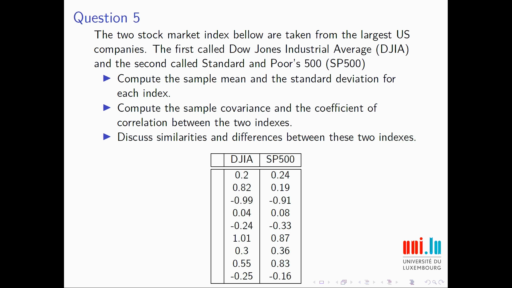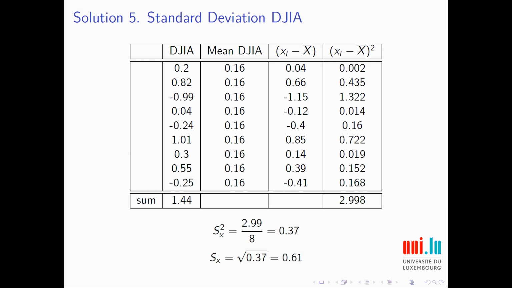And in the third point, again, we want you to pay attention to the interpretation of these coefficients. You have to understand what's the mean, what's the standard deviation, what's the covariance, what's the correlation. So, okay, let's start.